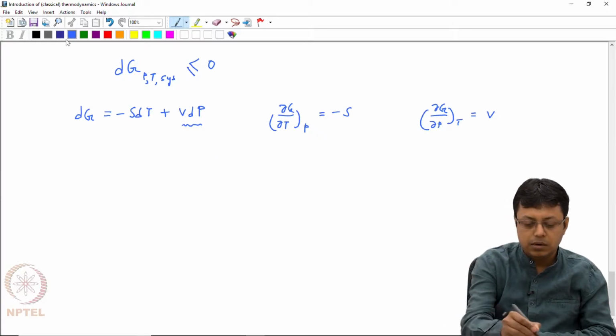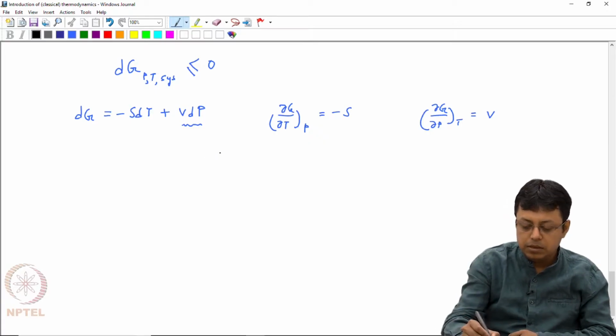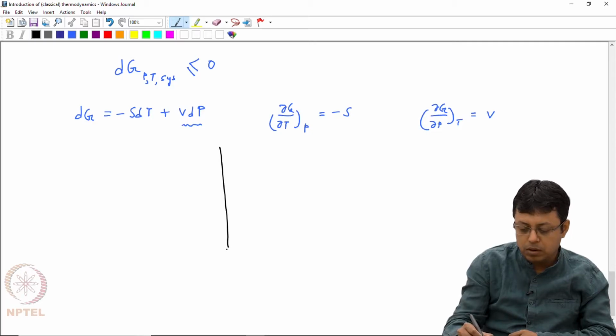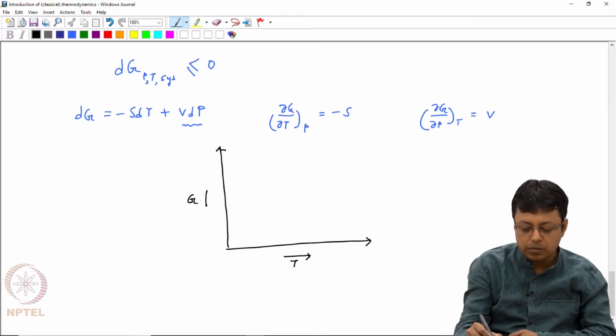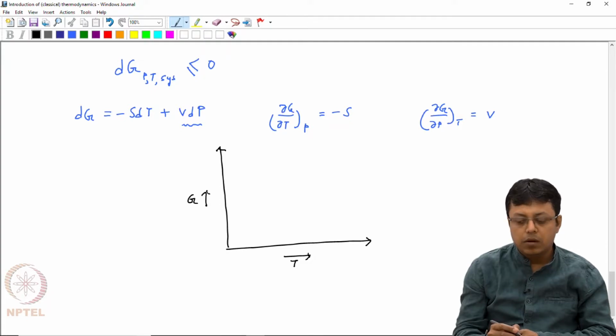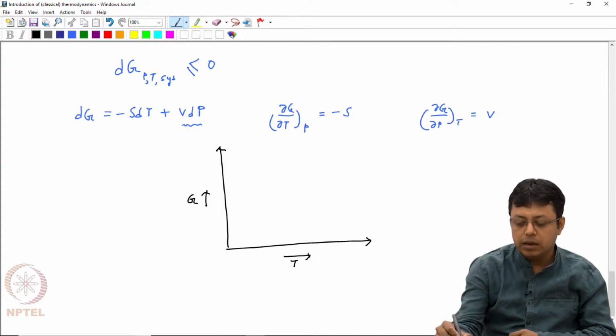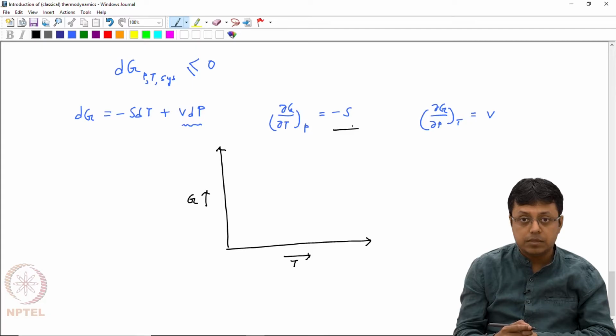So let us draw a diagram just to give you a feeling how the Gibbs free energy changes with respect to temperature and pressure. If I increase the temperature and plot how the Gibbs free energy changes, that is equivalent to the change in entropy, but with a negative sign.